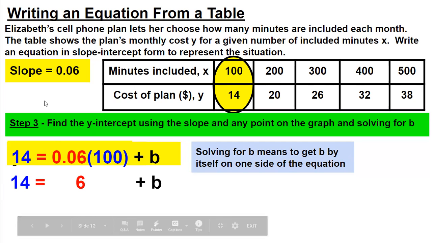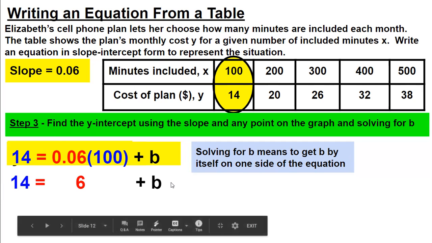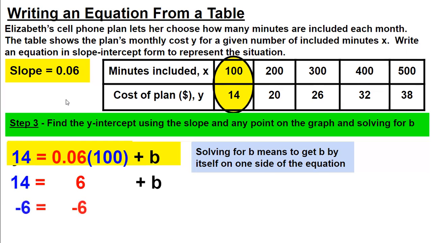Now we have to get rid of the 6 from the right side so we can get b by itself. So in order to get rid of the 6, I need to do the opposite. It's currently a positive 6, so I'm going to subtract 6. And I need to do the same thing to both sides of the equals. Otherwise, it's no longer an equal equation. So I subtract 6 from the left side as well.